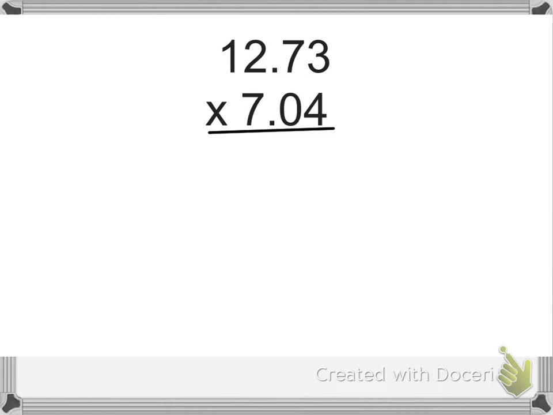Okay, to solve this problem, you multiply 12 and 73 hundredths times 7 and 4 hundredths. So first off, you multiply 4 times 3, and you get 12, and then you carry your 1 up top, and then you multiply 4 times 7, that gives you 28, then add the 1, that gives you 29.